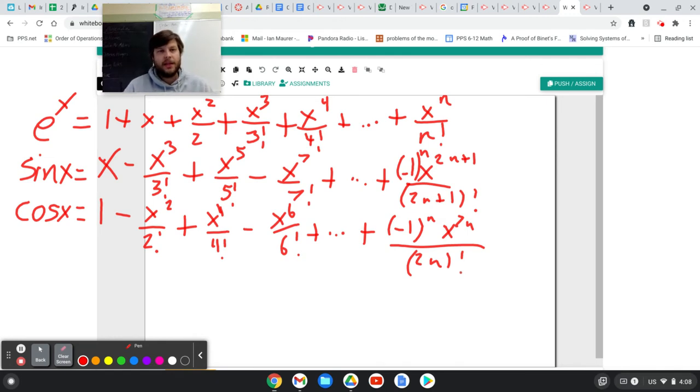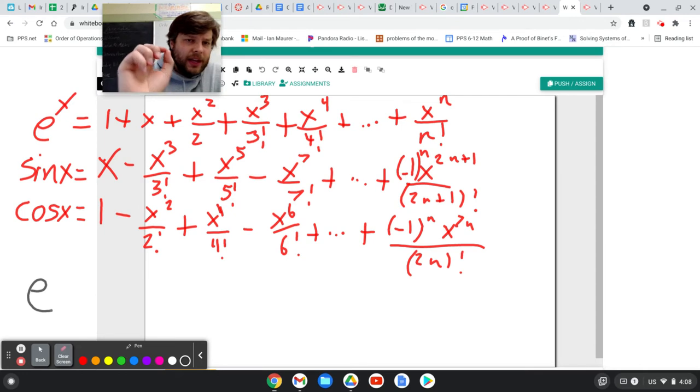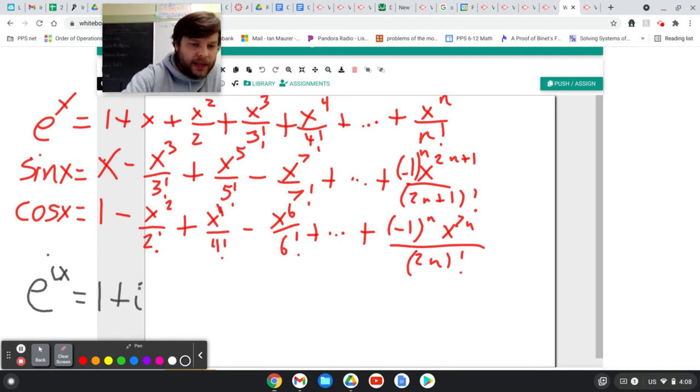So the insight that we had, and I think it may have been the mathematician Euler who had this insight, though don't quote me on that, was: what if, instead of e to the x, we plugged in ix? I'm going to go back to my original e to the x formula, and instead of plugging in x, I'm going to plug in ix.